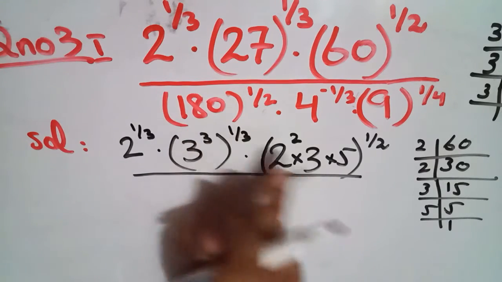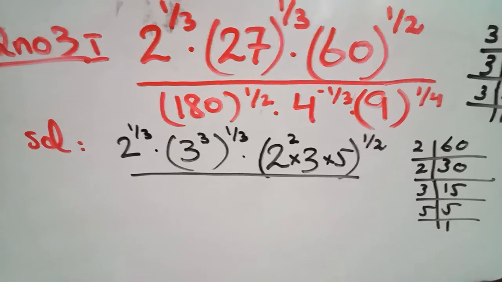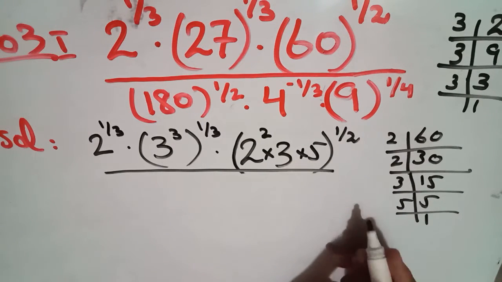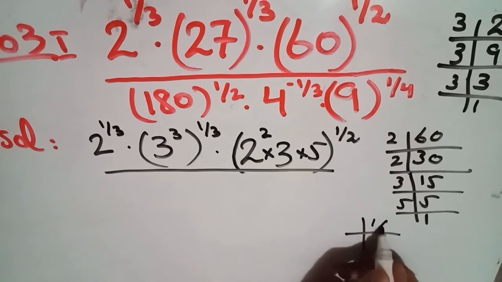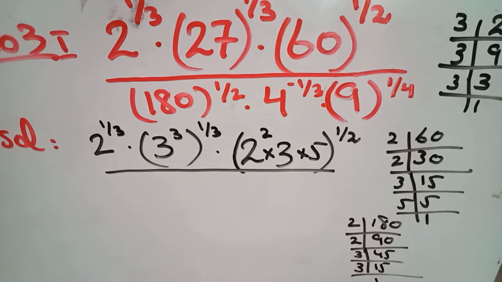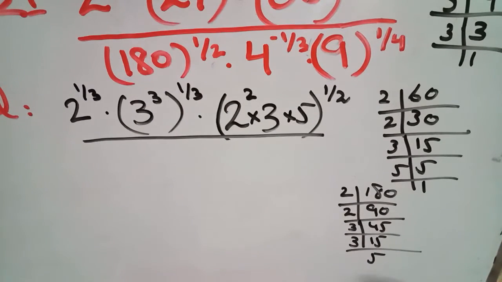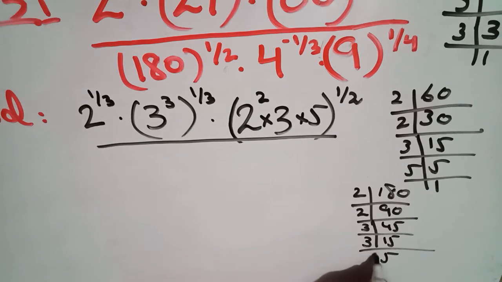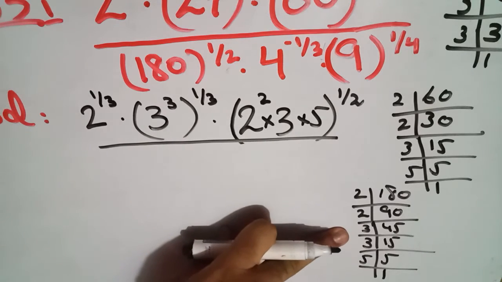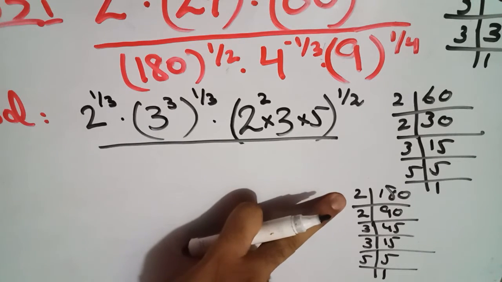Now 180. You have to make the factors for 180, so let me make the factors for 180. Here I have the factors of 180: 2 nineties, 2 forty-fives, 3 fifteens, 3 fives, and 5 ones. 5 threes are 15, 3 fifteens are 45, 2 forty-fives are 90, 2 nineties are 180.